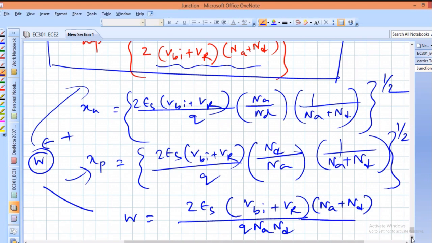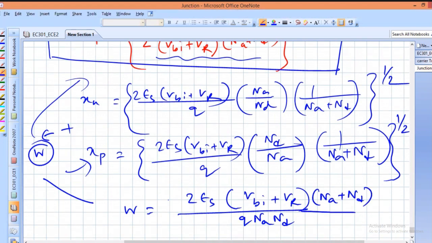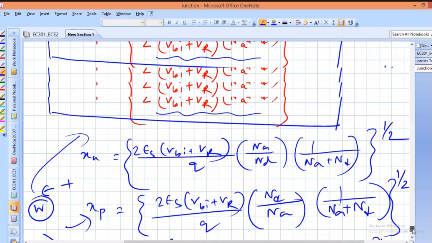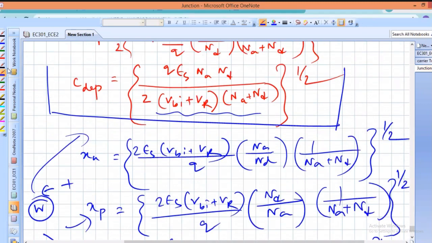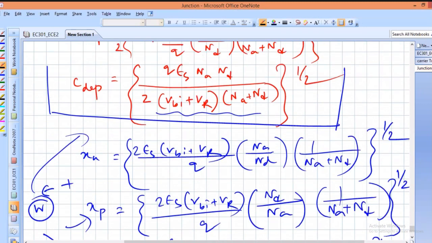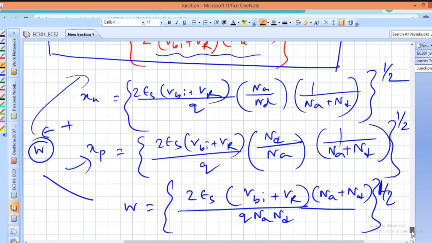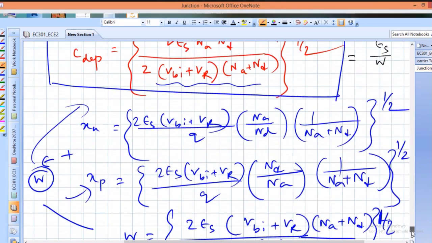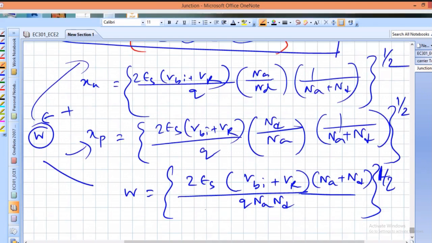This is W, students. I derived this already. So this looks similar to epsilon s by W. That's why I wanted to show you xn and xp. See that?